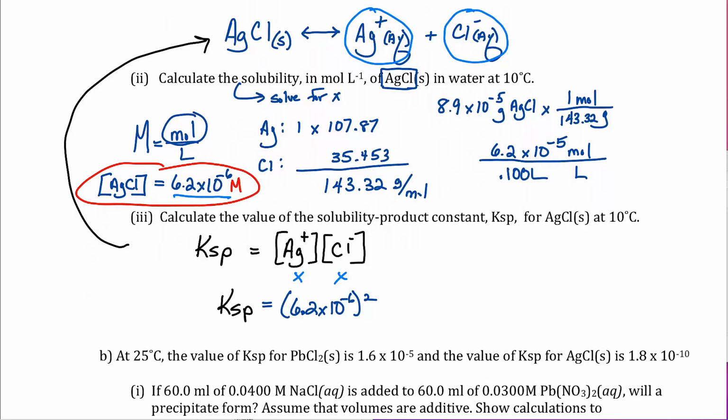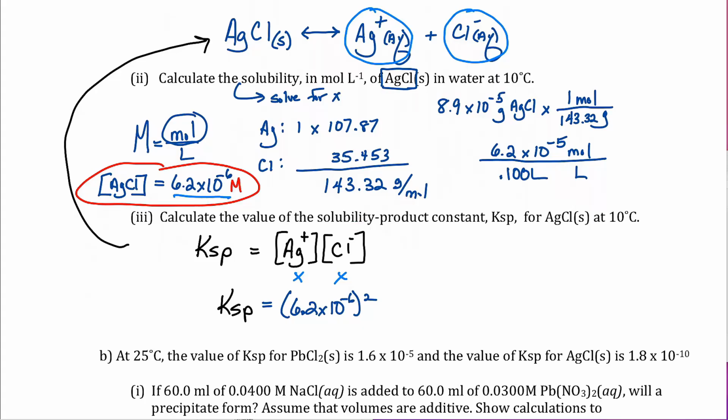Very straightforward. So we've seen problems where they give you the KSP, and then you've got to solve for the actual x or 2x or whatever the coefficients are, or their stoichiometric relationships. Here it's x and x. So we're going the opposite way. There's only one way or the other. They either give you the KSP and solve for the x, or in this case, we were given this value and solving for KSP.